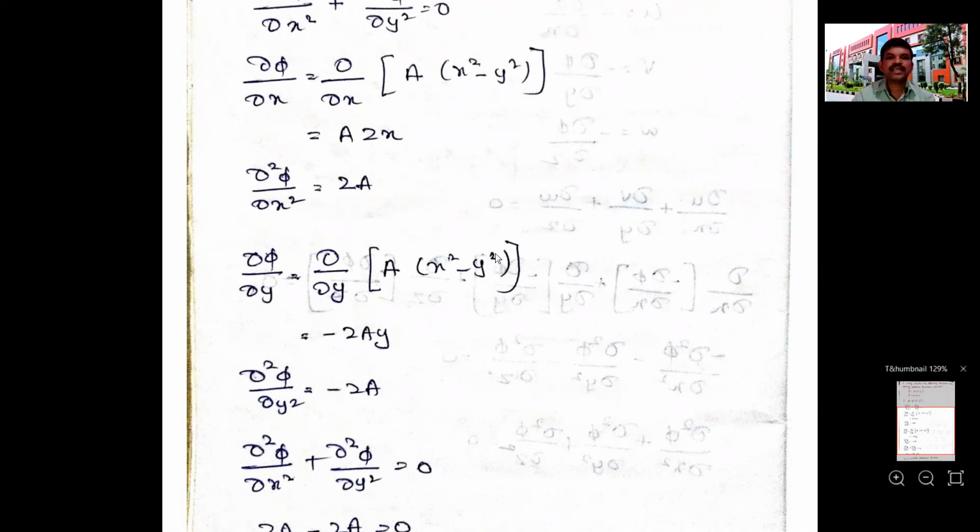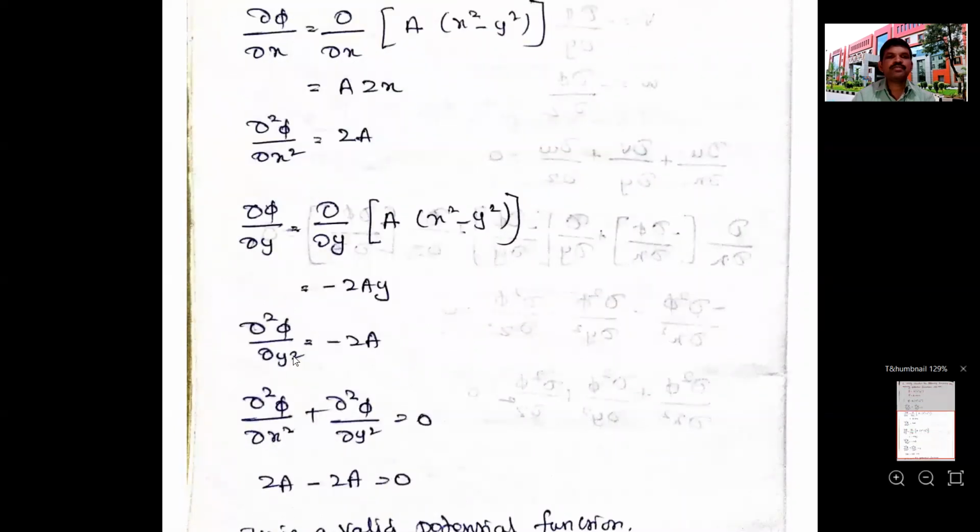Here minus y squared, so the partial derivative is minus 2y. The x term gets cancelled. With A already there, it is minus 2Ay. Now del squared phi by del y squared: the y term turns into 1, so the final answer is minus 2A.